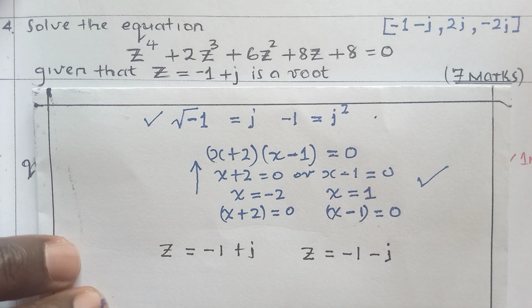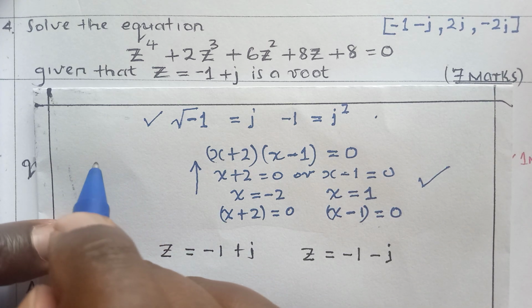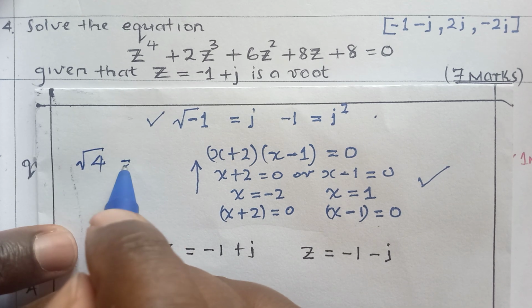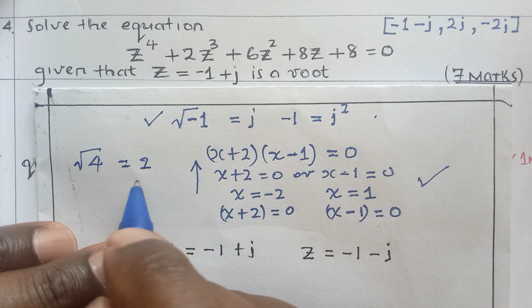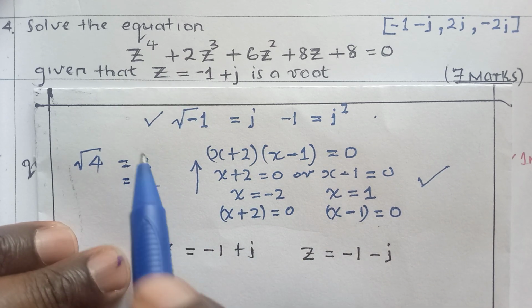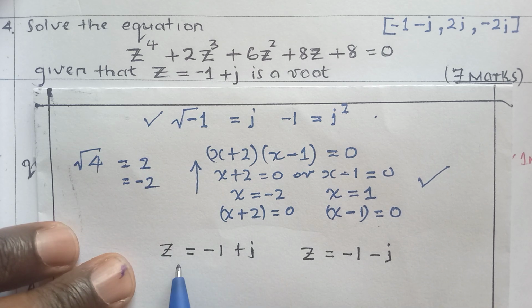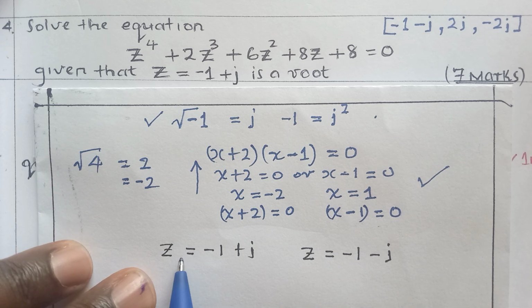Maybe I can give an example. If we are told to find the square root of 4, and one of the roots you are told is 2, then obviously the other root is going to be negative 2. This one may not be a conjugate, but that's how you do it. But for this one, we get the conjugate. So these are the two roots now.